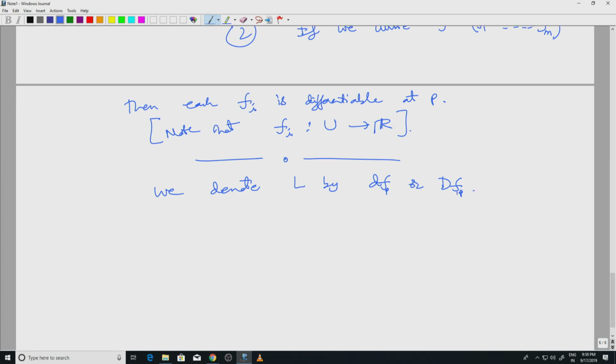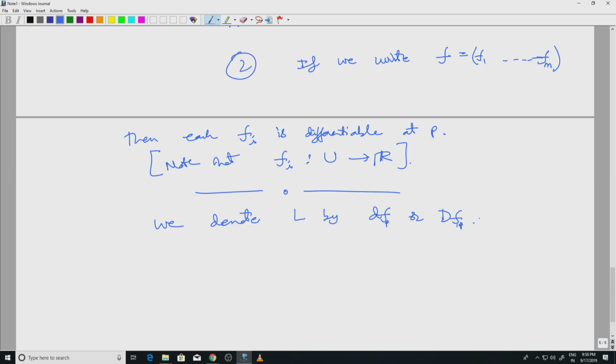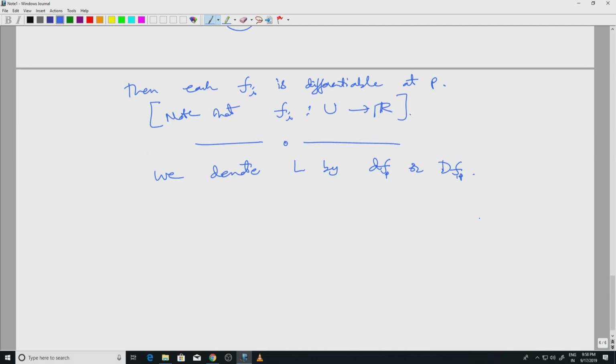So this notion of differentiability, the derivative as a linear map, is actually quite strong, but fortunately it's related to the classical notion of existence of partial derivatives by the following proposition.